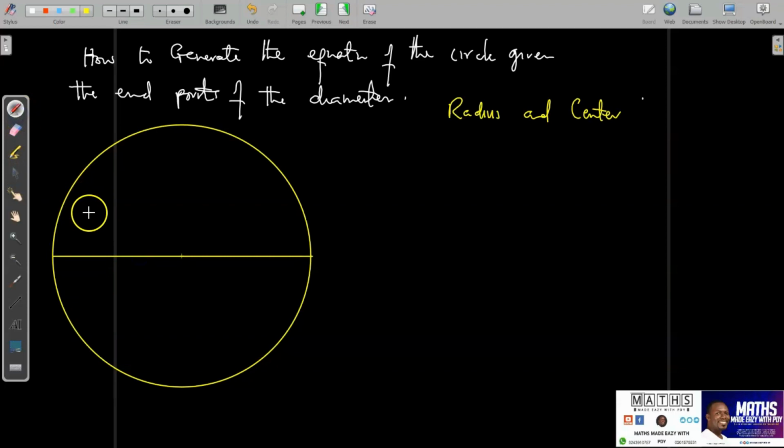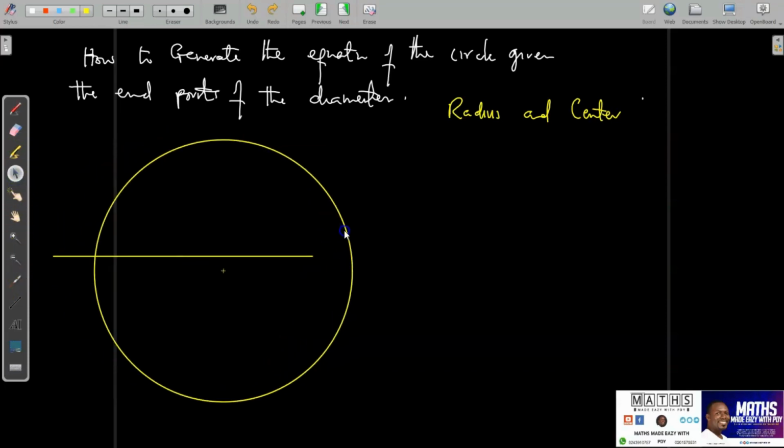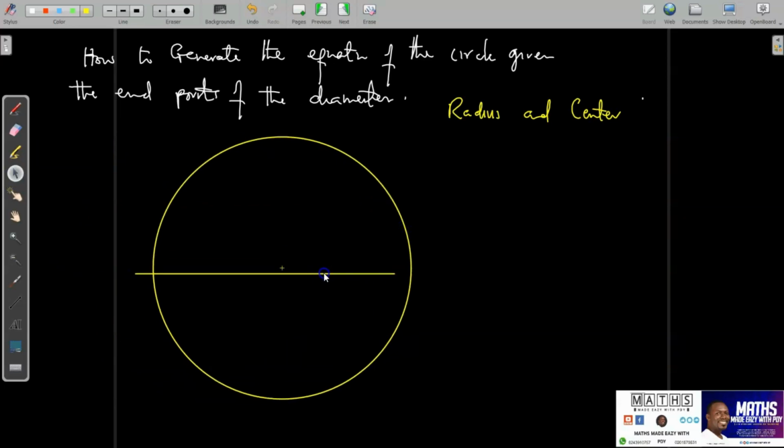The endpoints are here and they are x1, y1, and then x2, y2.